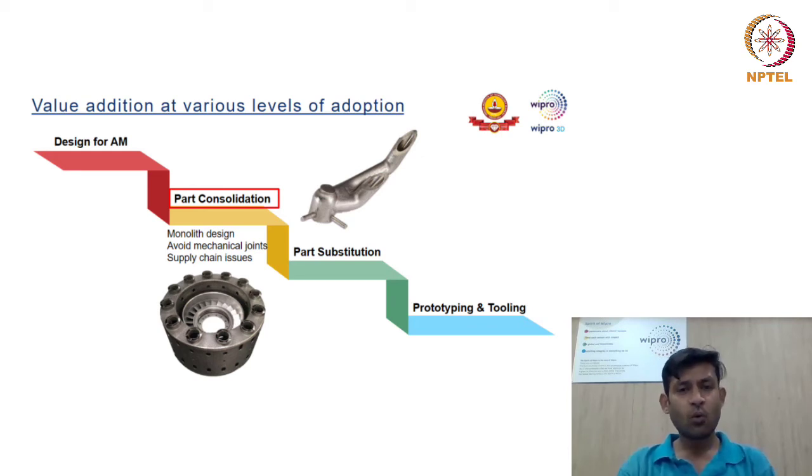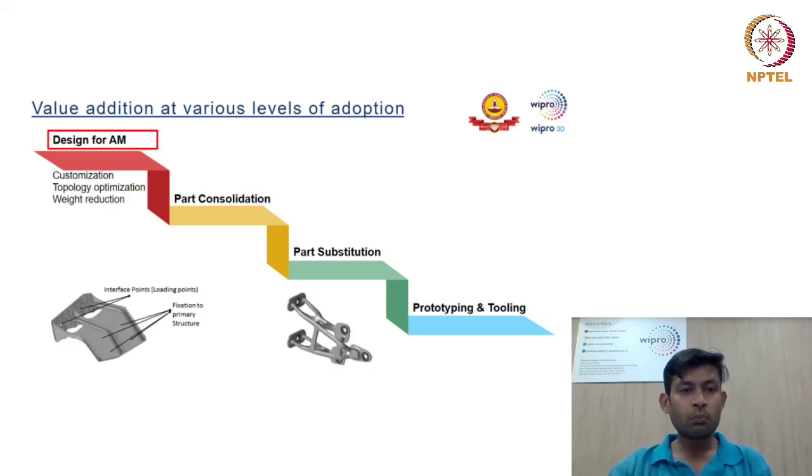Once we are done with part consolidation, the next level is to design the component for AM. By going through each tier step by step, the user has a clear understanding of the value being added at each and every level.